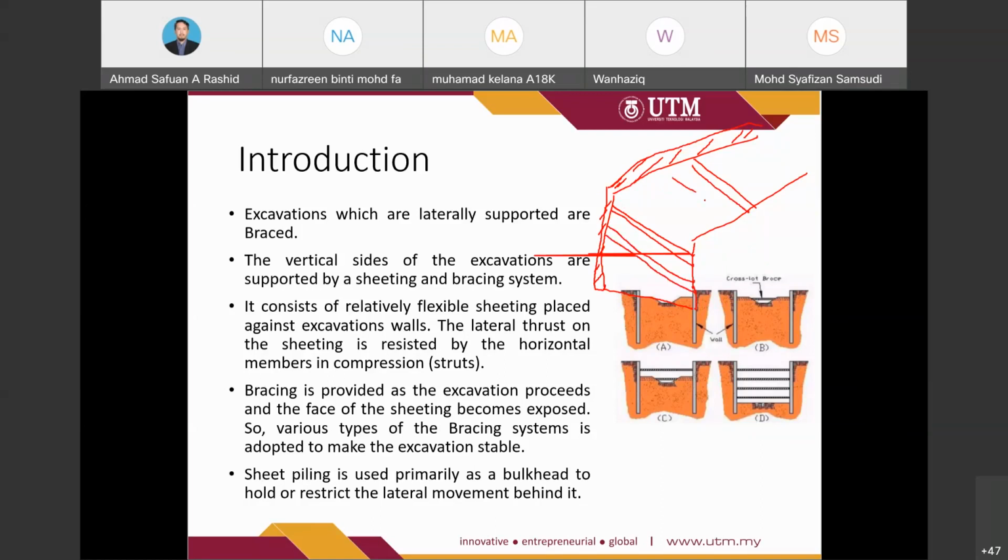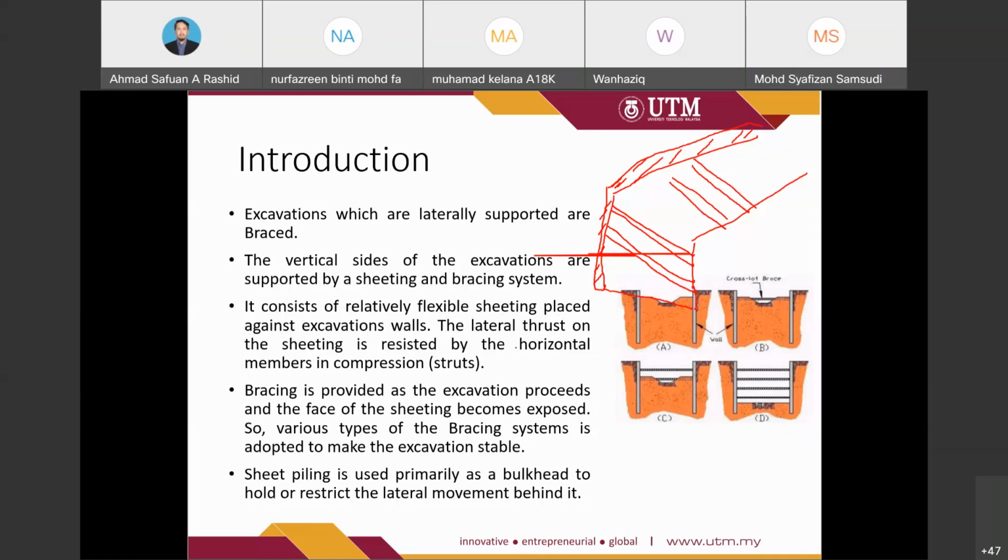for the second layer. Then continue until the required depth that we want to achieve. So the vertical sides of the excavation are supported by the sheeting and bracing system. It consists of relatively flexible sheeting placed against the excavation wall.